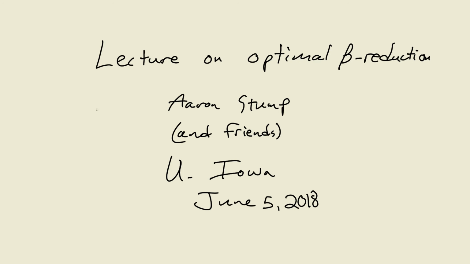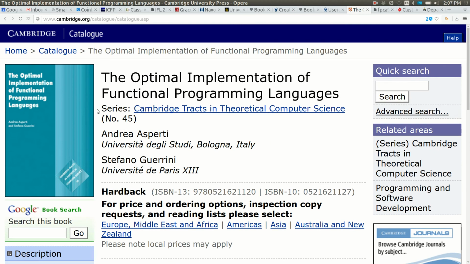And my source for this, which I have here, is this amazing book. So thank you very much to Asperti and Guerrini for this incredible book on the optimal implementation of functional programming languages. I was not even aware of this book until I started getting into this topic a little bit, but this is a great resource.